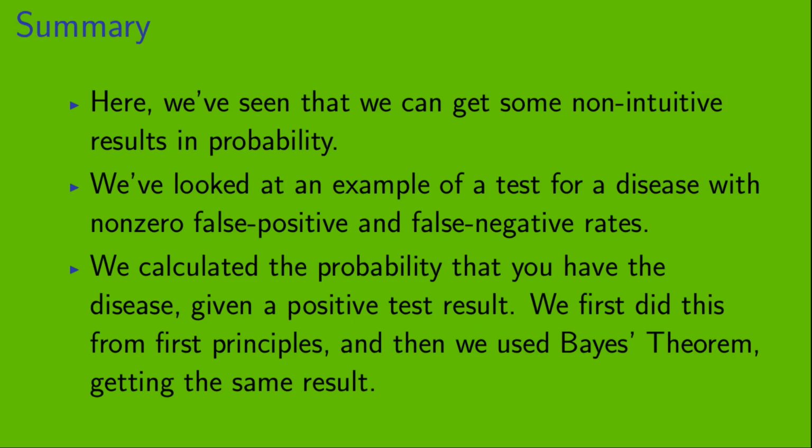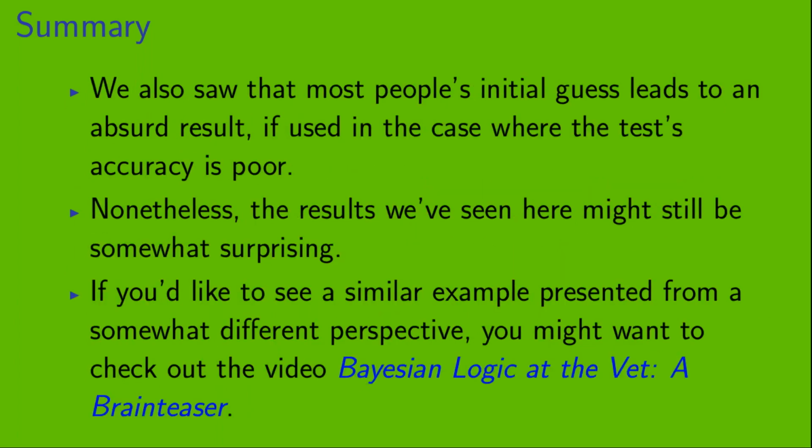We first did this from first principles, and then we used Bayes' theorem, getting the same result. We also saw that most people's initial guess leads to an absurd result if used in the case where the test's accuracy is poor. Nonetheless, the results we've seen here might still be somewhat surprising.